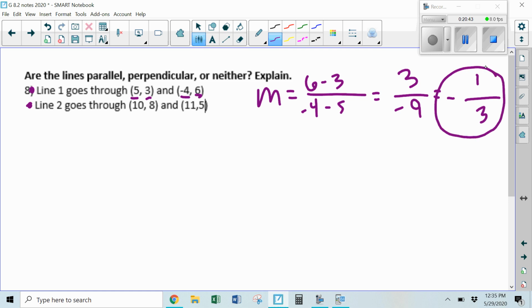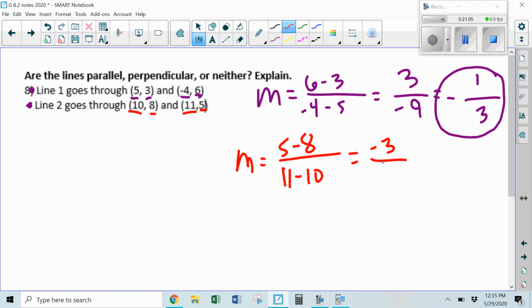It's not my answer, but that's the slope of line 1. Now let's find the slope of line 2. So y minus y over x minus x. 5 minus 8 is negative 3. 11 minus 10 is 1.